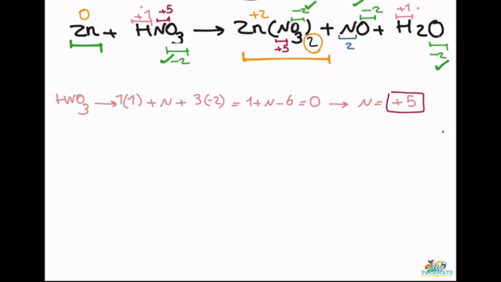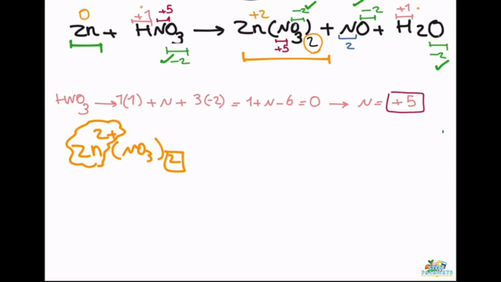However, zinc here is in a compound, Zn(NO3)2. The 2 here shows us the previous charge of the ion of zinc before compounding to NO3.